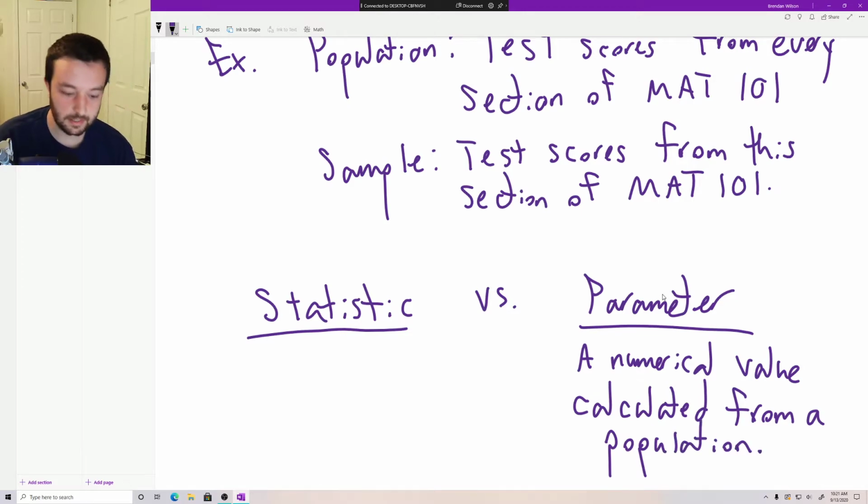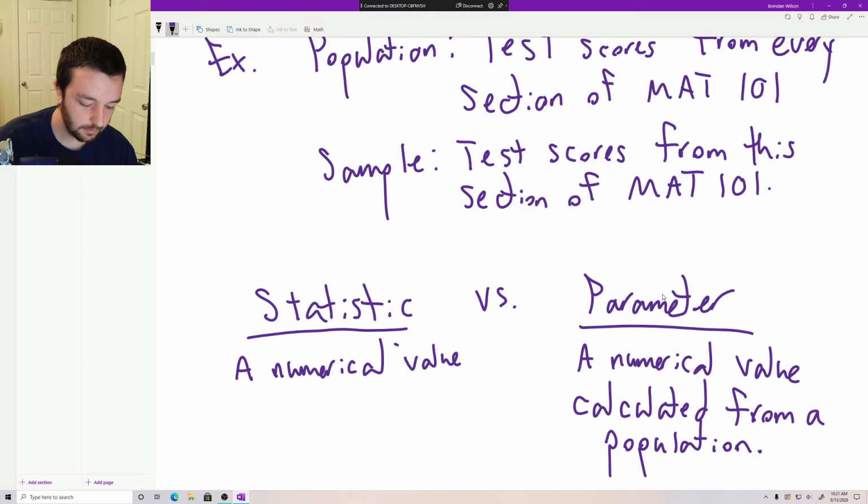And then the statistic is a numerical value calculated from a sample.